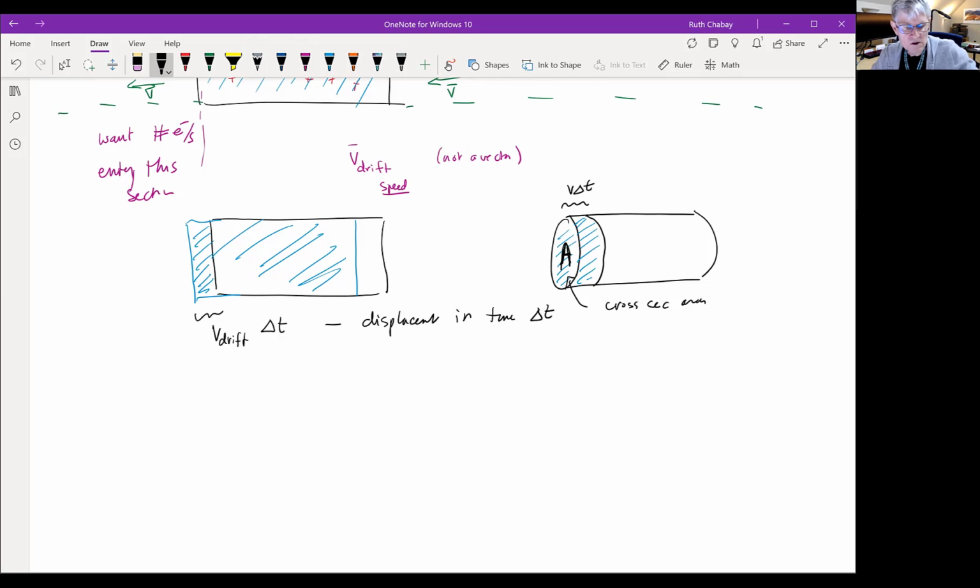So the number of electrons in here. So if our density of mobile electrons, which is a property of the material, is n, so this is electrons per cubic meter, then the number of electrons in this disk is just the density times the volume of the disk.